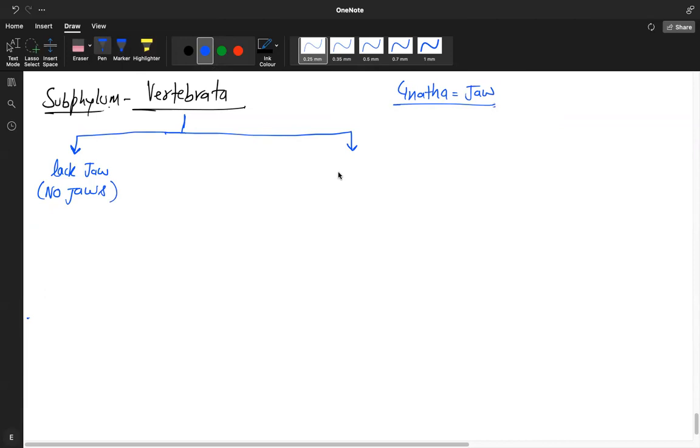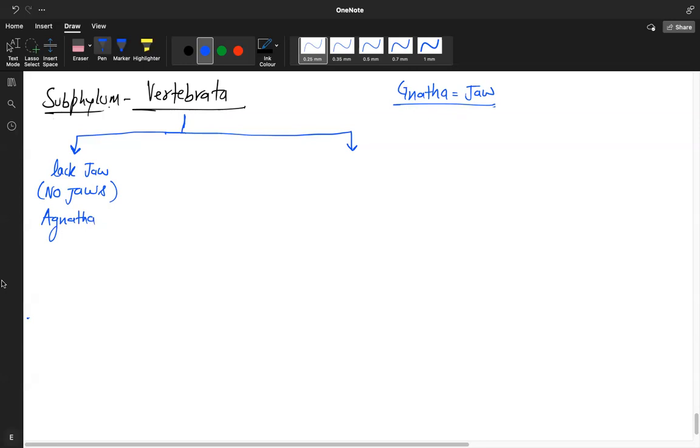A is the absence of it. So gnatha is jaw, and that which lacks jaw is called agnatha. If something is missing, we add an A, just like with forestation. There is forest; if you remove the forest, it's called afforestation or deforestation, right? You just add the letter A to show absence.